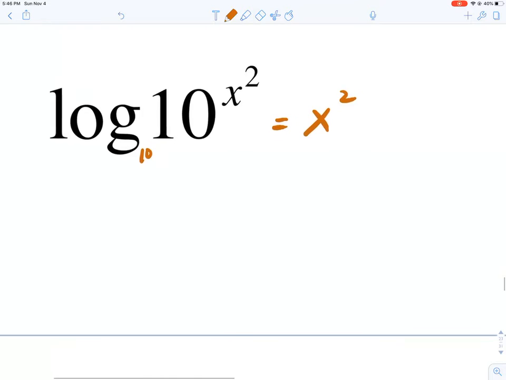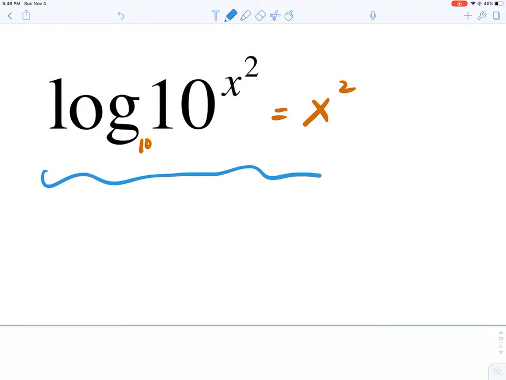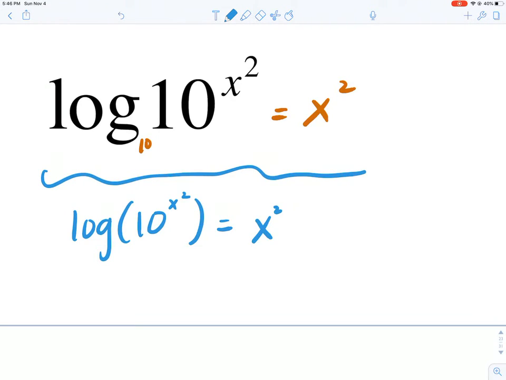You could also think about it from a plug perspective. So if we have the log of 10 to the x squared and we plug it, we would pull the x squared down front. So it would be x squared times the log of 10, and then log of 10 is just 1, so that would give us x squared.